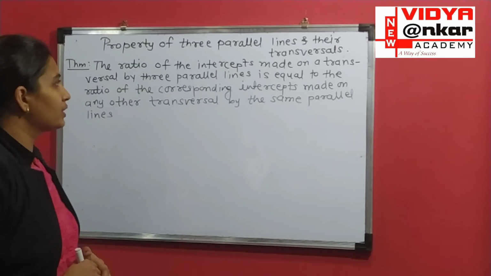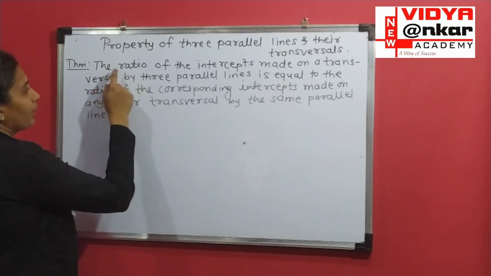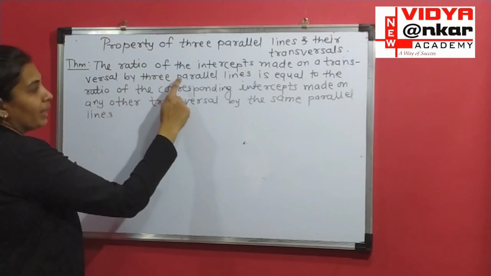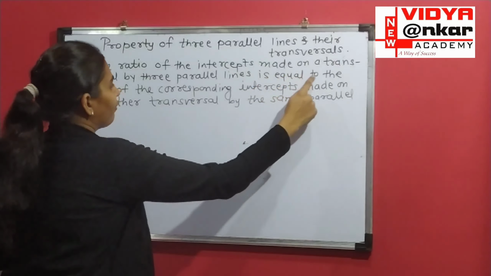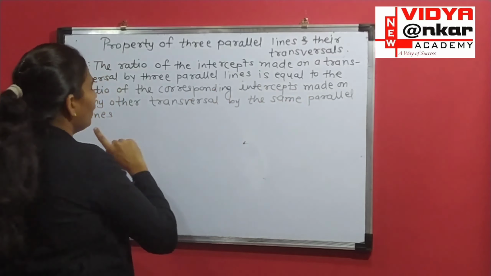Okay, now these are the concepts which we have studied till 9th standard. Now first of all, this property tells us that the ratio of the intercepts made on a transversal by three parallel lines is equal to the ratio of the corresponding intercepts made on any other transversal by the same parallel lines.